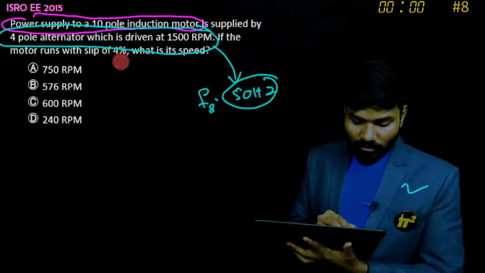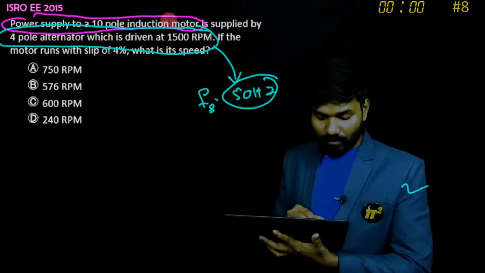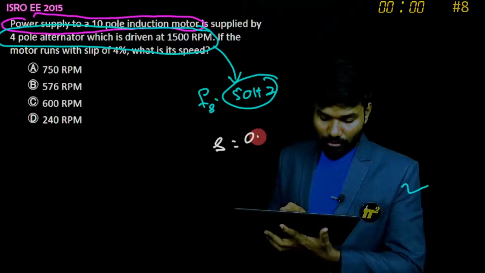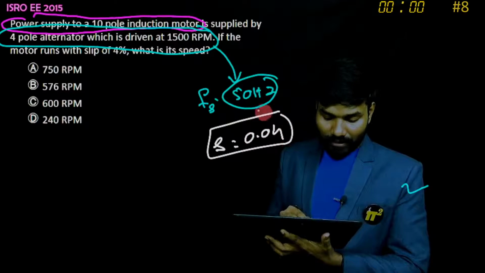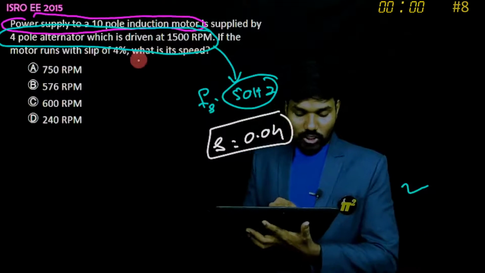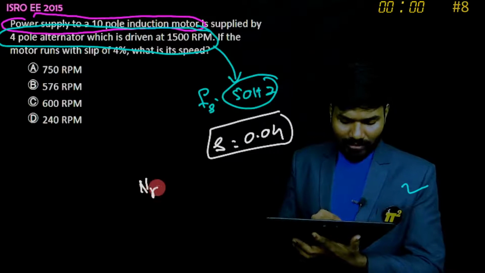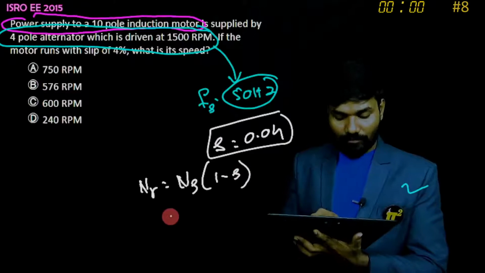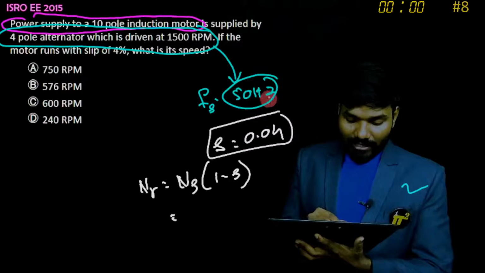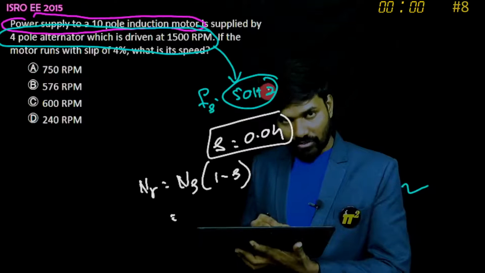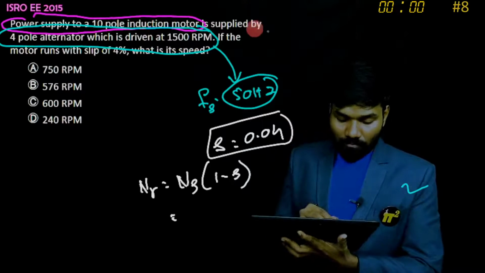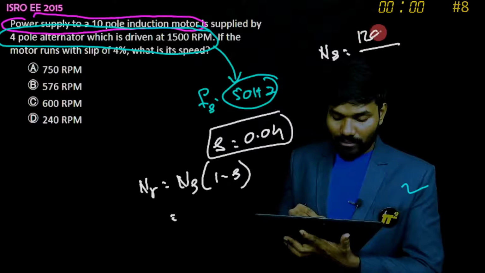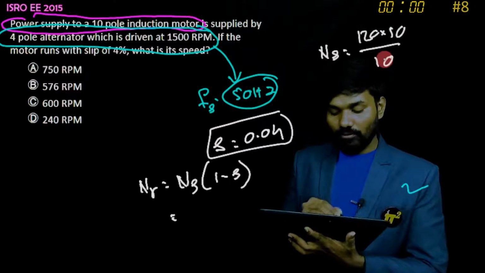If the motor runs with a slip of 4%, means 0.04 is the slip, then it is asked what is the speed Nr, and there is a direct formula: Nr = Ns(1 - s). For Ns, if you are giving 50 hertz frequency to a 10-pole induction motor, Ns = 120 x 50 / 10.